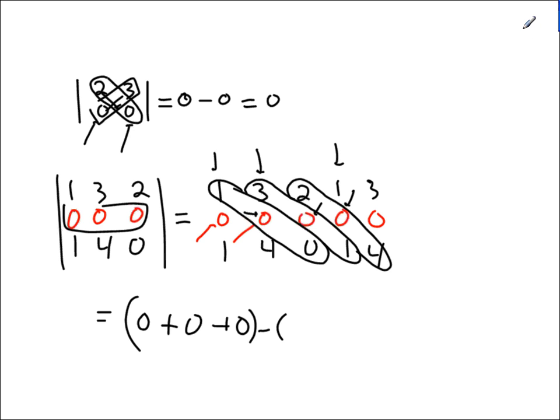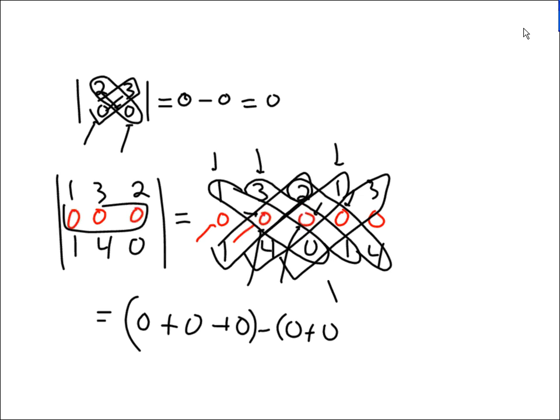Minus, in that product, oh, look, something from row 2. And the next one, 4 times 0 times 1. You picked up something from row 2, which is a 0. In the last diagonal, fine, you picked up a 0 here. So the product is 0. But you know what? We also picked up something from row 2, which is 0.